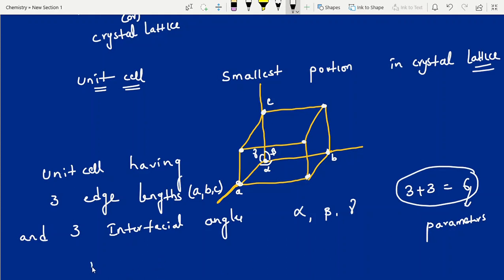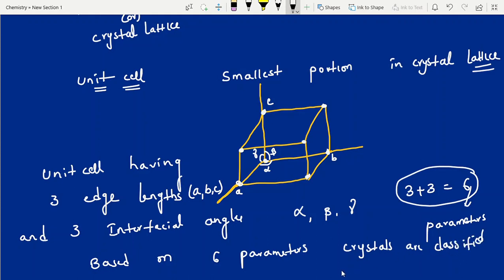I am writing here the point: based on 6 parameters, crystals are classified into 7 systems.